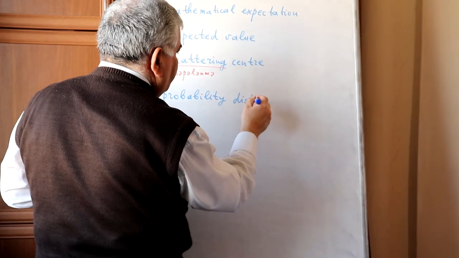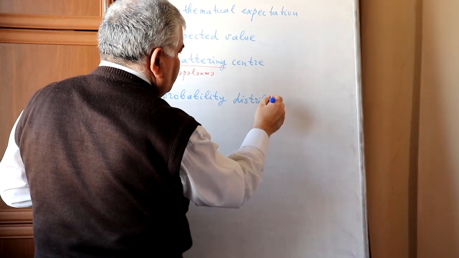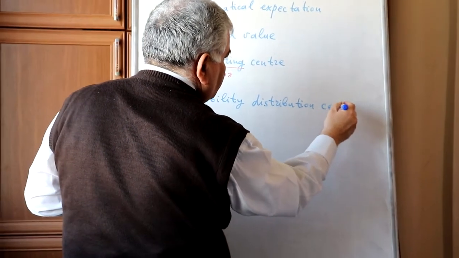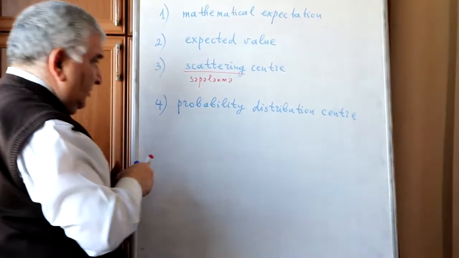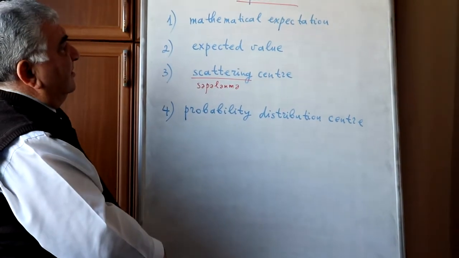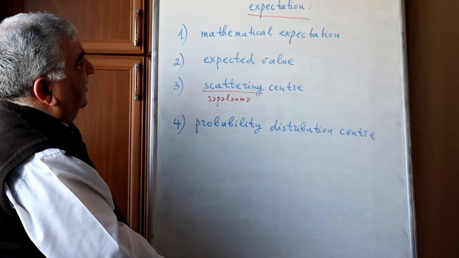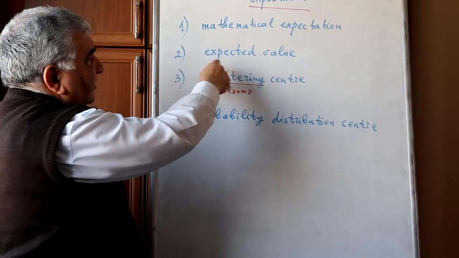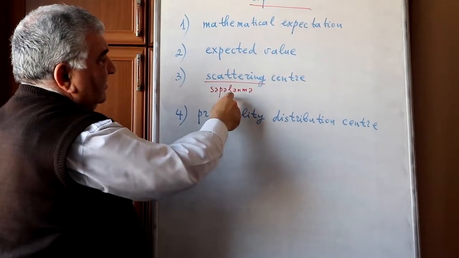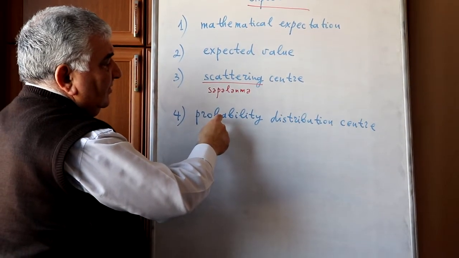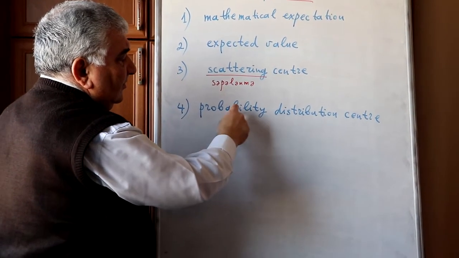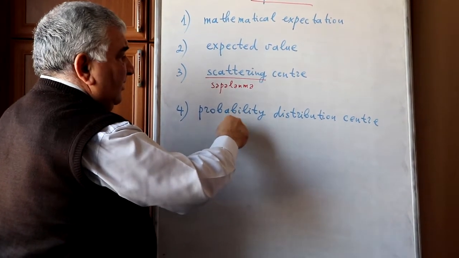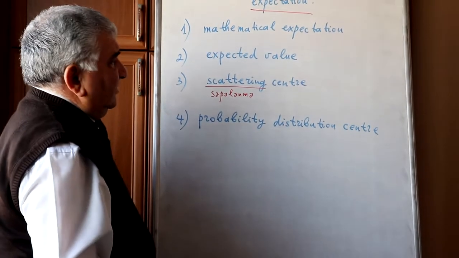They have the following meanings in Azeri: Riyazi gözleme, gözlenilen qiymət, sepeleme merkezi, demek ihtimalın paylanması merkezi.